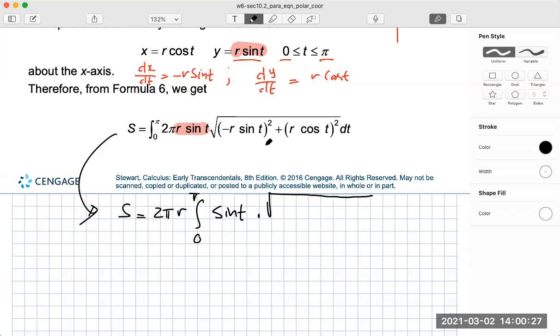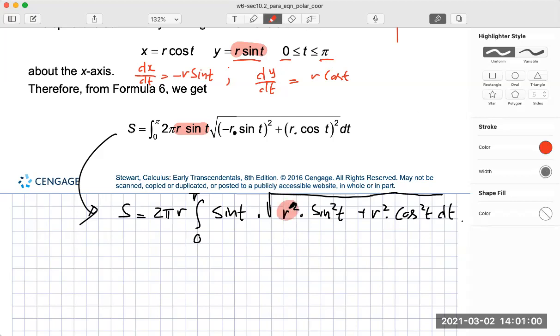And in this guy, when it is squared, it becomes r squared sine squared t plus r squared cosine squared t here, right? dt. The square of a product will be the product of the squares, which is this. And look at these terms. What is the like term? r squared. So we factor it out, right?